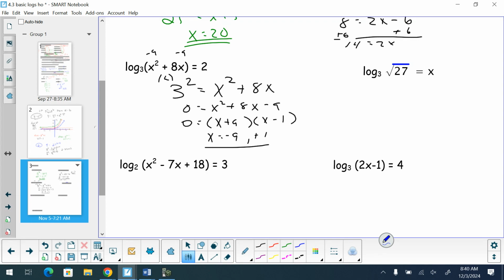Let's solve the next one. Take it out of the exponential form into logarithmic form into an exponential form.